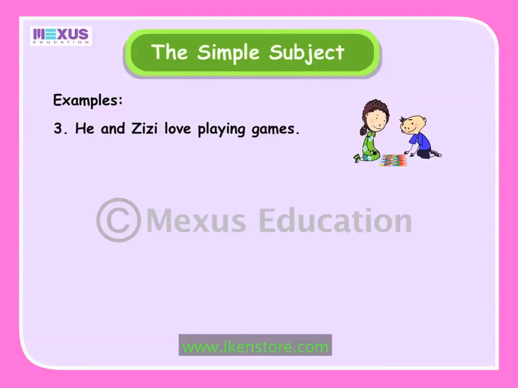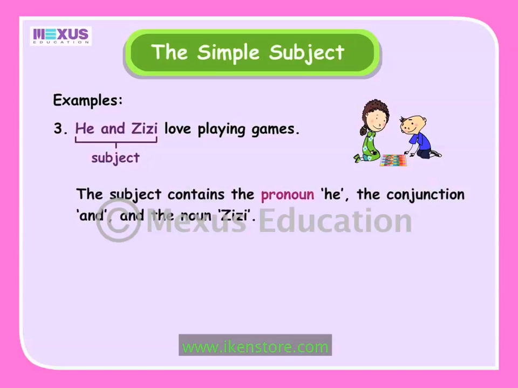In the last example, he and Zizi is the subject. It consists of the pronoun he, the conjunction and, and the noun Zizi. He and Zizi are the most important parts of the subject.